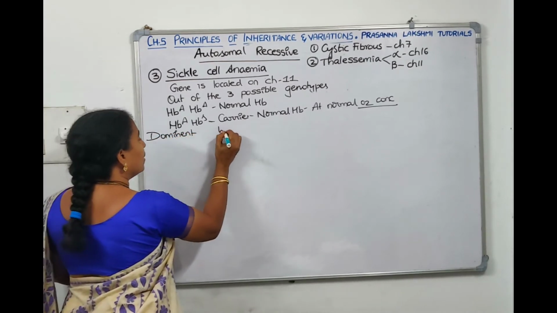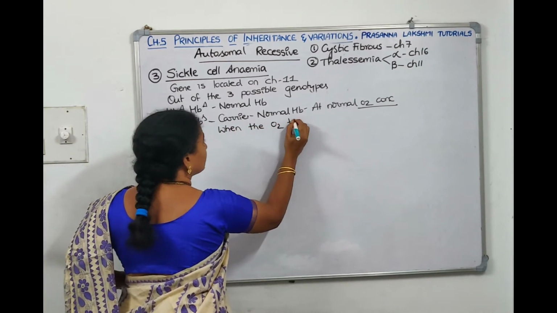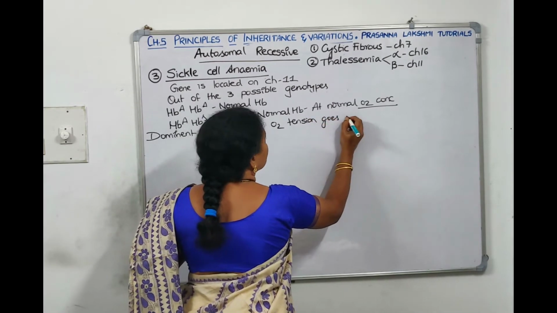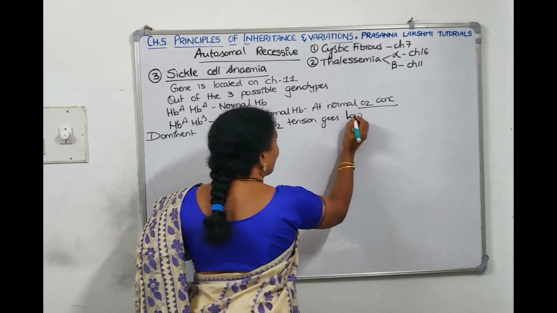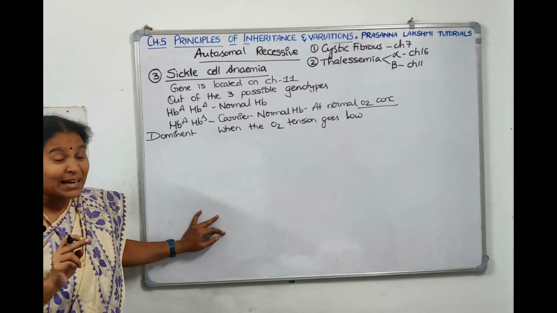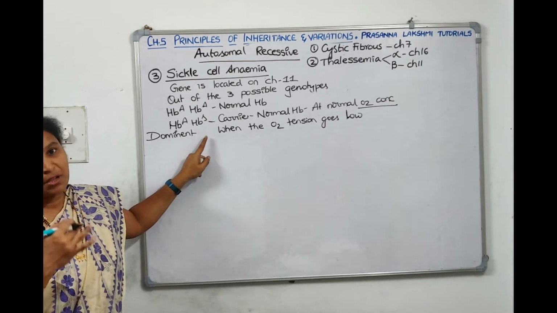But when the oxygen tension goes low, like when we are climbing higher altitudes, at that condition HbS gets polymerized and it makes the situation even worse.